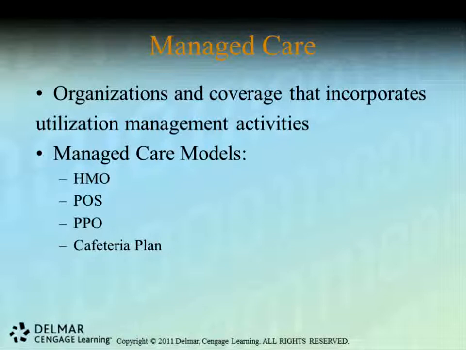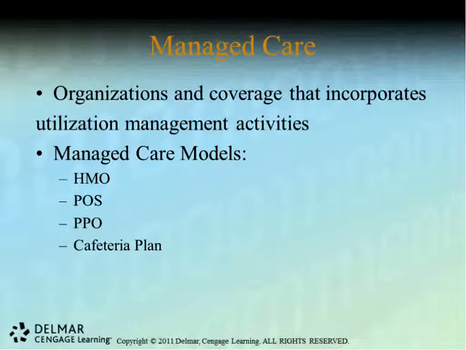Now, besides the HMO, there are other managed care models. You have your point of service plan model, where patients can use any of the providers on their HMO panel, or they can self-refer to a non-HMO provider if they prefer. That's your POS.